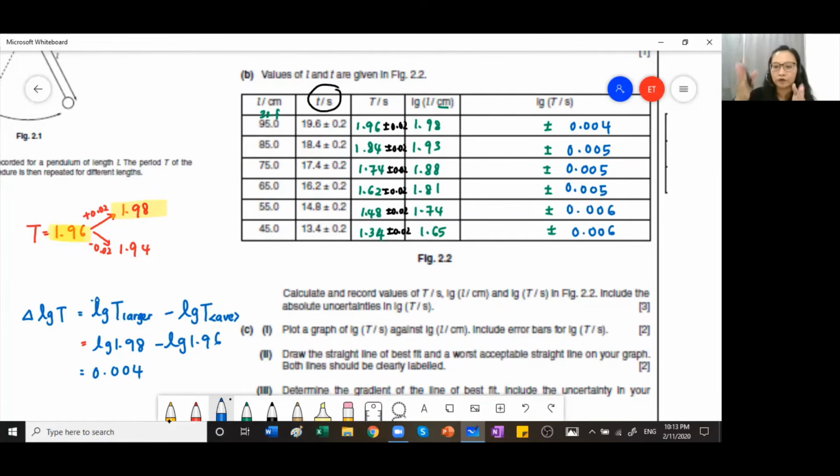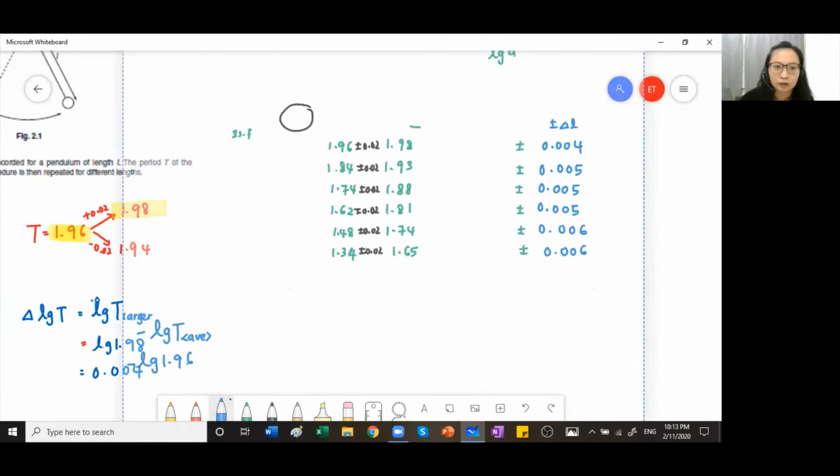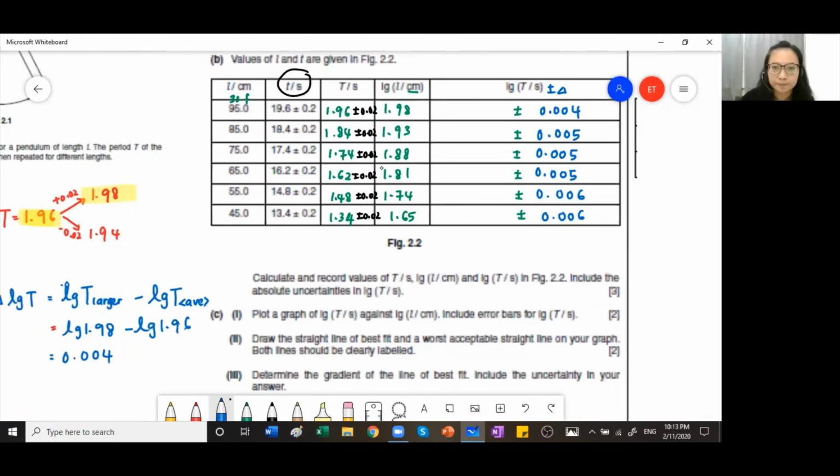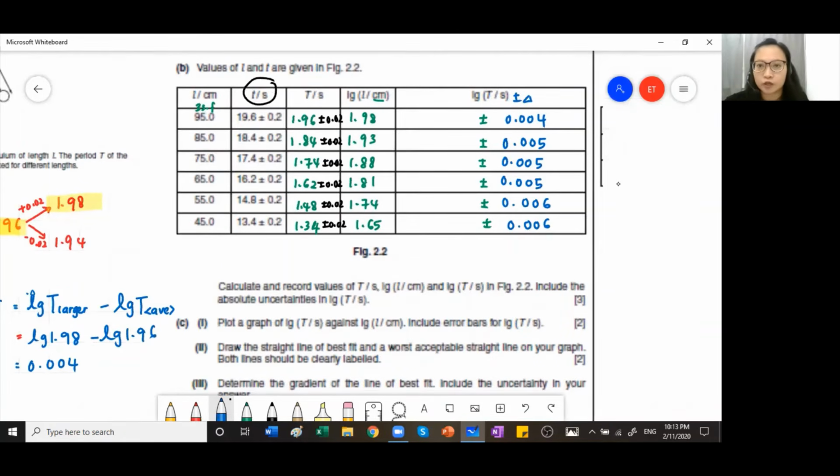After I have calculated my absolute uncertainty of t, what I'm going to do is calculate all the log t values, and all my log t values will follow the decimal places of my absolute uncertainty of t.